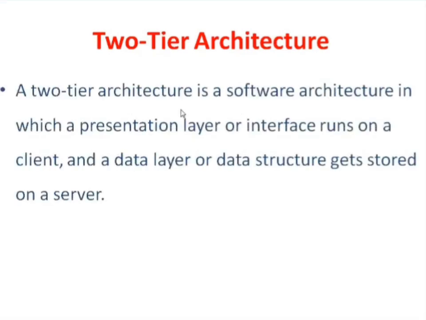In this model, database is stored in a computer called as server, and you can find a client as well. So who will be the user or an application who is using the application program which is stored on another computer. So they are called as client. You will find two types of user. So one is a server who is providing the details, another is client who is getting the details. So that's why we call it as two-tier.